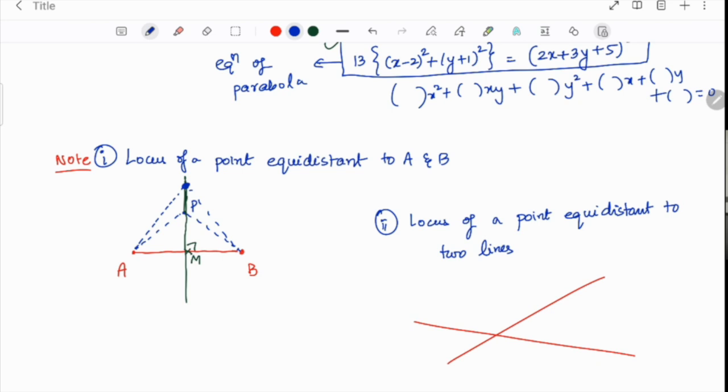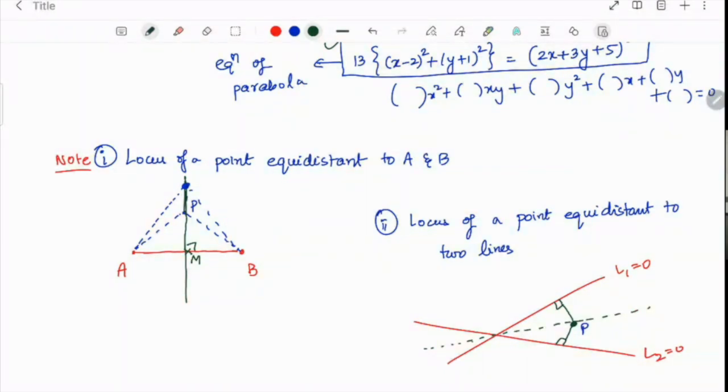Okay, we need the collection of points whose distance to line L1 equal to 0 and L2 equal to 0 are the same. From P to L1 equal to 0 we find the distance, and P to L2 equal to 0 we find the distance. Both should be the same. So the collection of all such points will be what? Angular bisector. Yes, angular bisector.